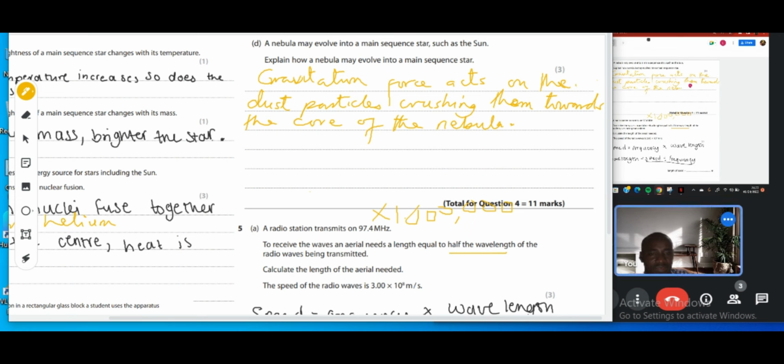The high pressure and temperature results in fusion, which produces an outward force.